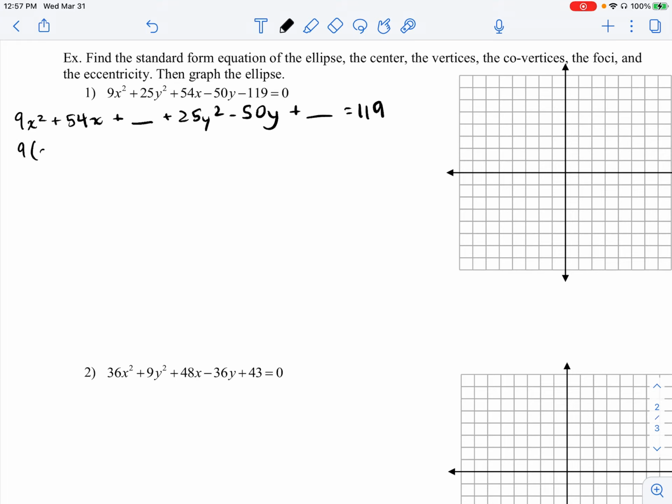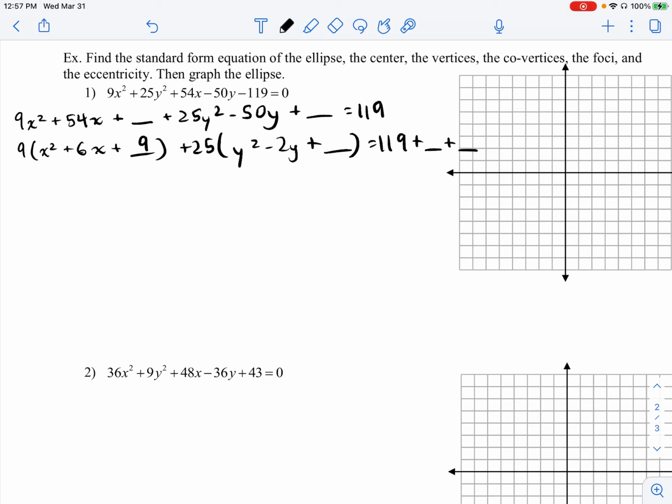So I'm going to factor out that 9, so I've got x squared plus 6x plus some constant, plus 25, and factor that out, y squared minus 2y plus something, and let's leave some placeholders for what we're about to add. So in order for me to complete the square inside this trinomial here, I'm going to need to find half of 6 and square that, so that would make this 9.